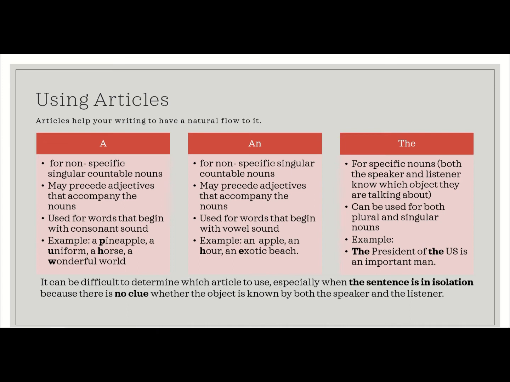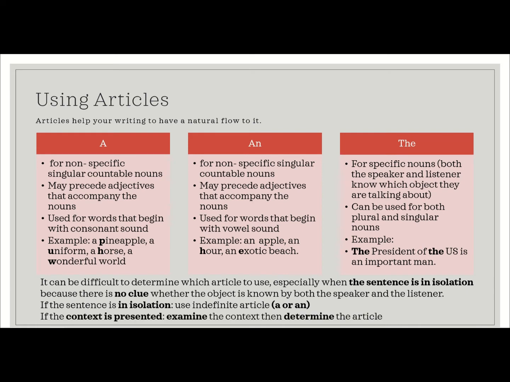So what should we do? If the sentence is in isolation, please use an indefinite article, a or an. If you are not sure whether the speaker or the listener or the reader knows which item you are referring to, and it is singular, use a or an.